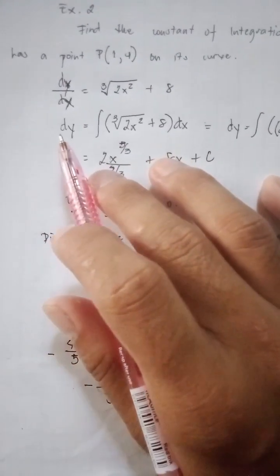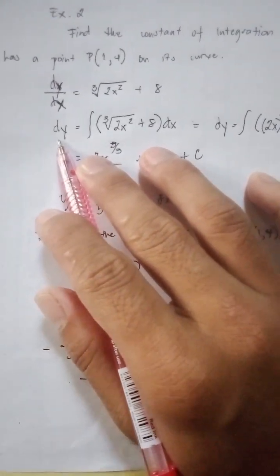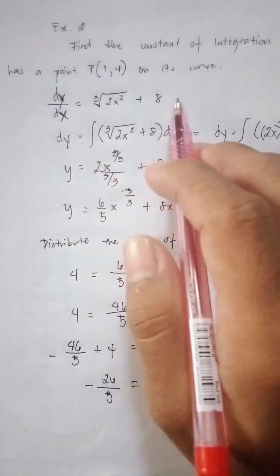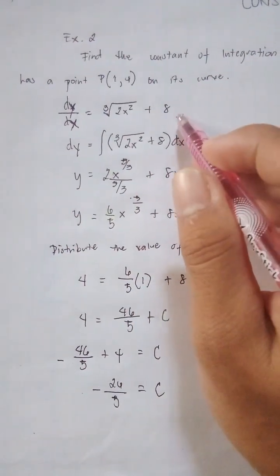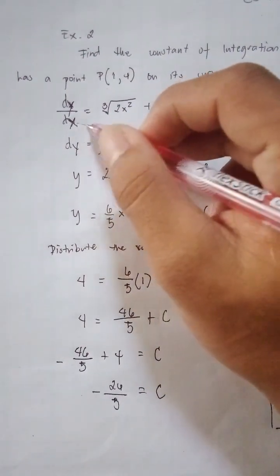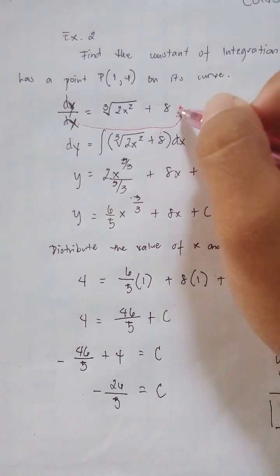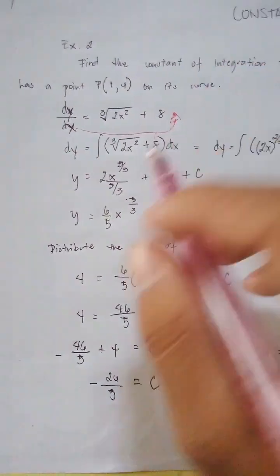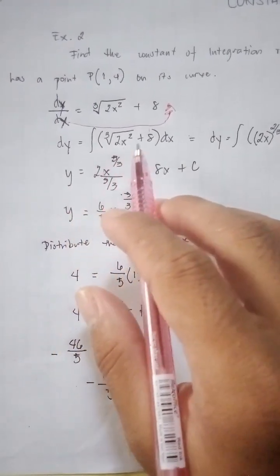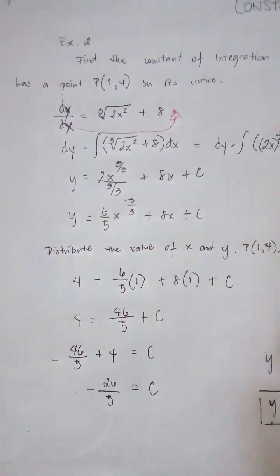Just like a while ago, we put the dx here, so dy equals the integral of cube root of 2x squared plus 8 dx.